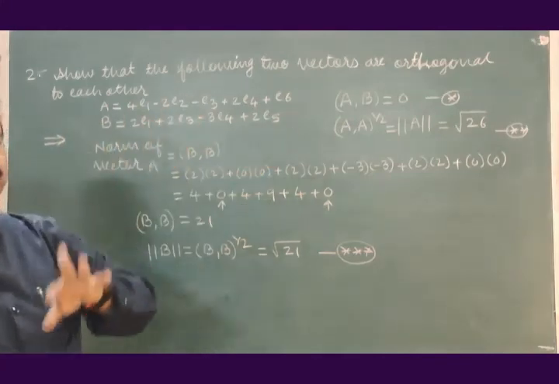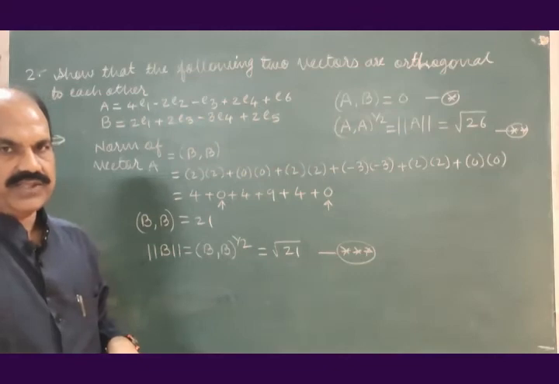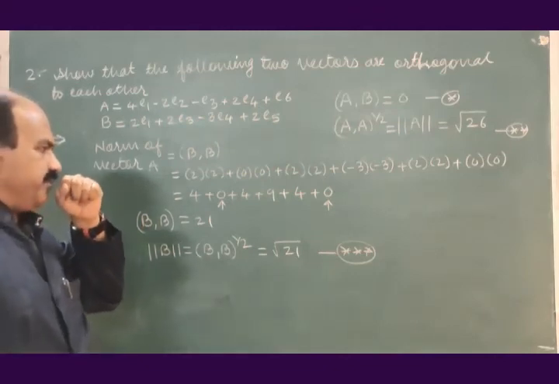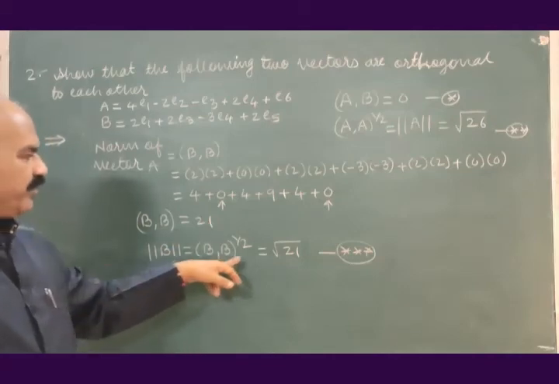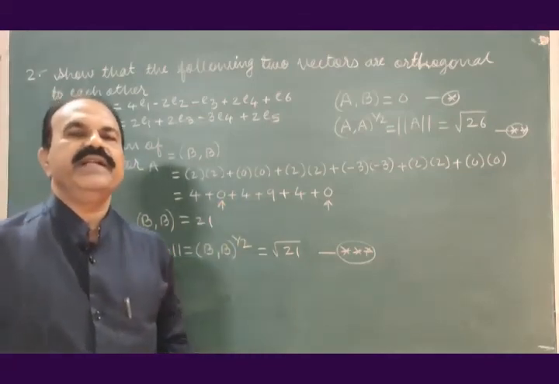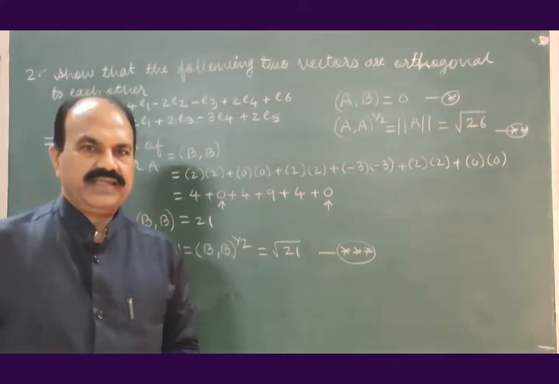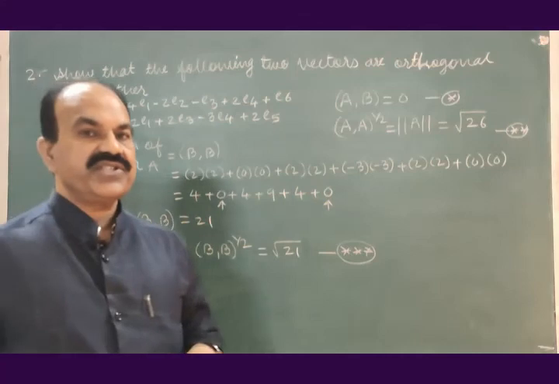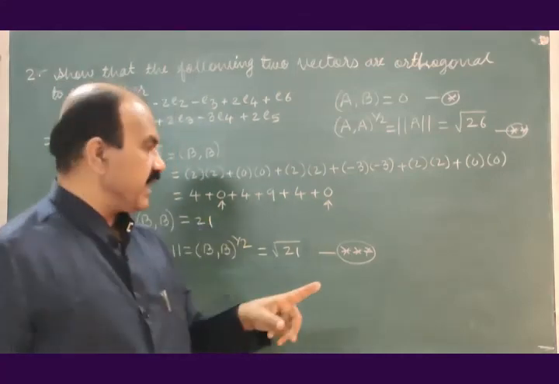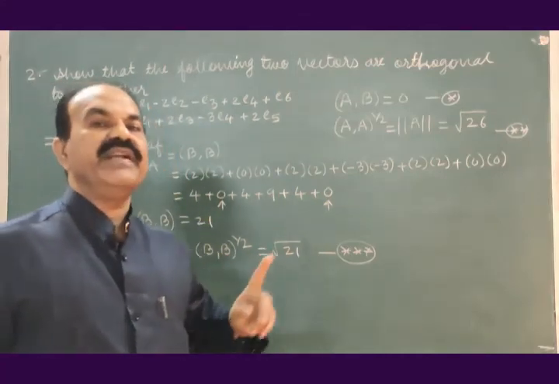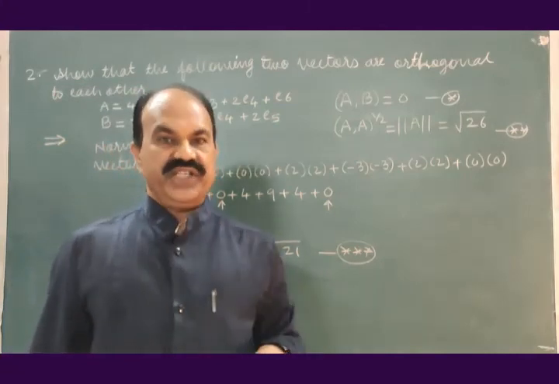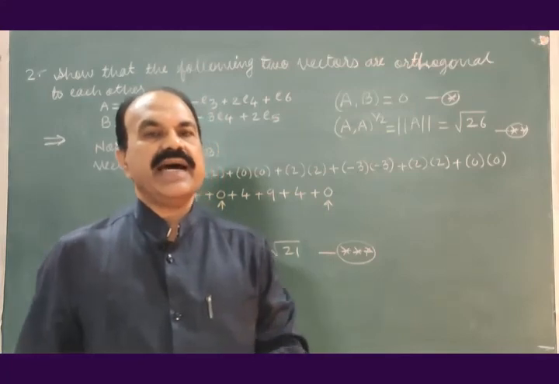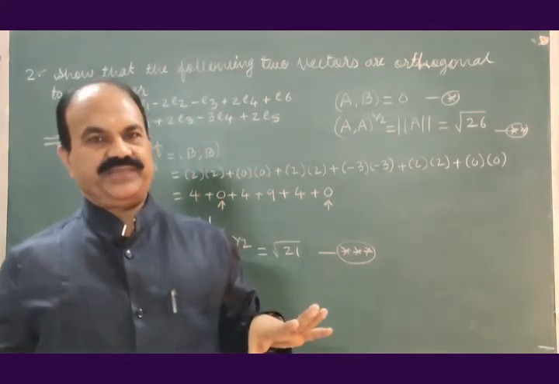Now, norm of A is square root of 26. Norm of B is square root of 21. As norm of A is square root of 26, it is not unity. Norm of B is square root of 21, it is also not unity. It means that vectors A and B are not normalized.